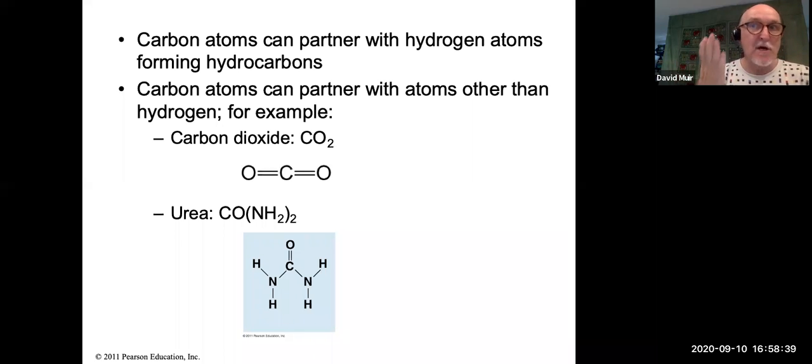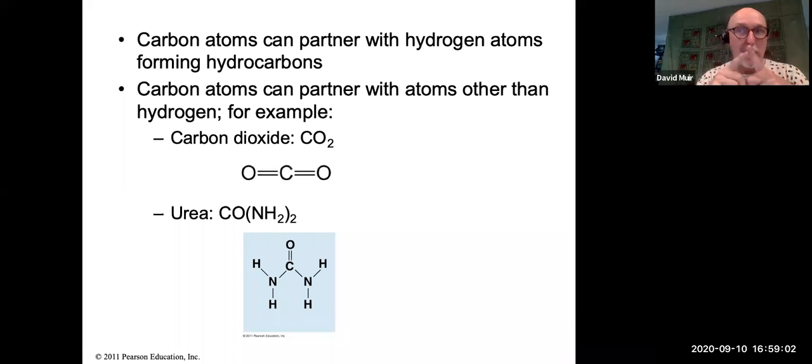And because it's only got carbon and hydrogen, C2H6, we call it a hydrocarbon. And those are common biological compounds because that is fossil fuel. That is what our fossil fuels are. They are huge molecules.